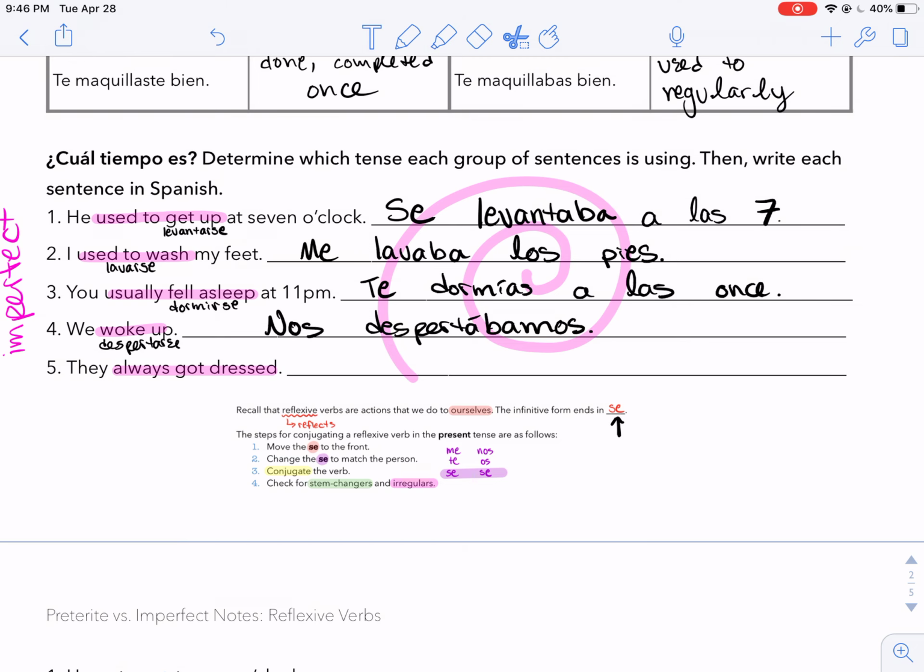For example, if I'm telling the context of my story and I'll say, yeah, when I was in 4th grade, my brother and I, we woke up at 6 in the morning. Cool. That's like what we did every day. Yeah. So if you notice in the context of the imperfect, because these are all imperfect, because I told you, then we're going to use the imperfect. And then finally, they always got dressed is vestirse. Because it's se vestían.